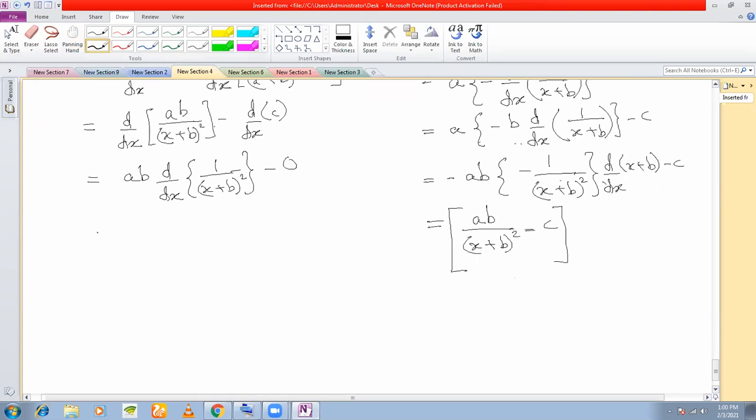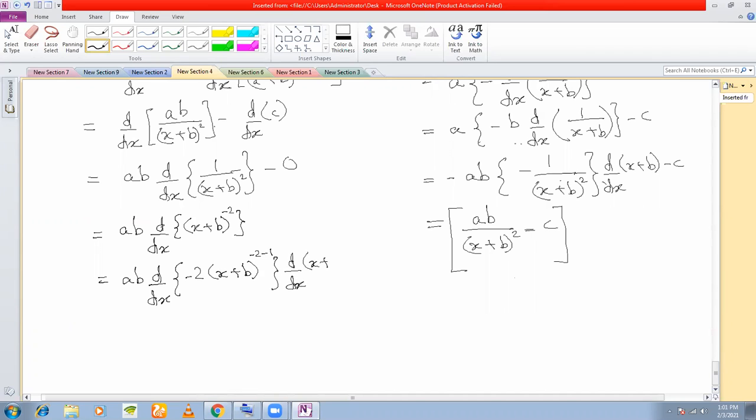Which is equal to, how will you differentiate 1 by x square? By n x to the power of n minus 1, right? So d/dx of, you write this as (x plus b) to the power of minus 2. Okay, so this becomes ab d/dx of, first differentiate the power, minus 2 (x plus b) to the power of minus 2 minus 1, so n x to the power of n minus 1 into the d/dx of x plus b, right?